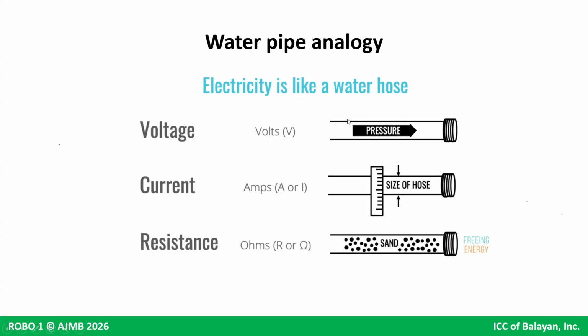So we are going to use this analogy to explain a little bit the concepts. So voltage, you can think of it like pressure. So sa tubig, di ba, if you increase the pressure of the water coming out of the hose, what happens to the water? If you turn your valve or your faucet to its full setting, what happens to the pressure and what happens to the output?